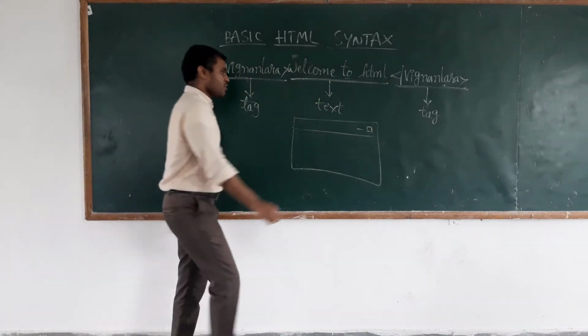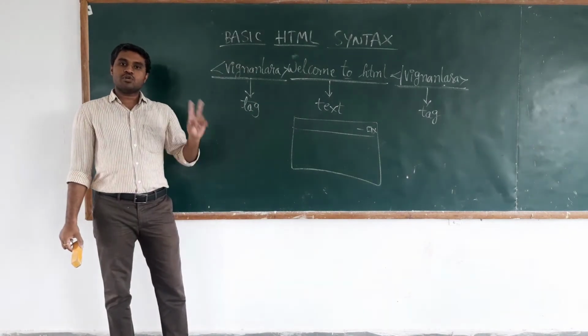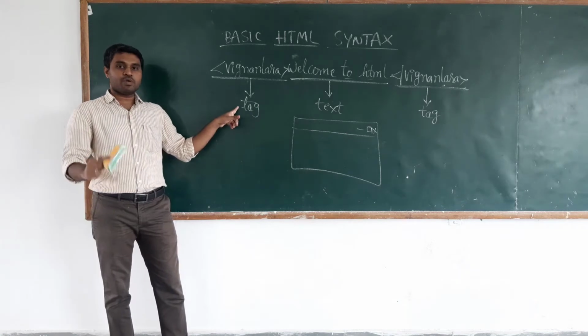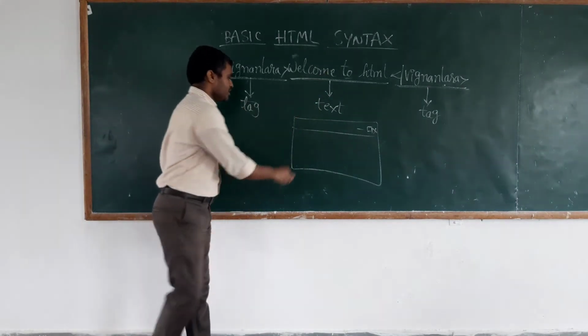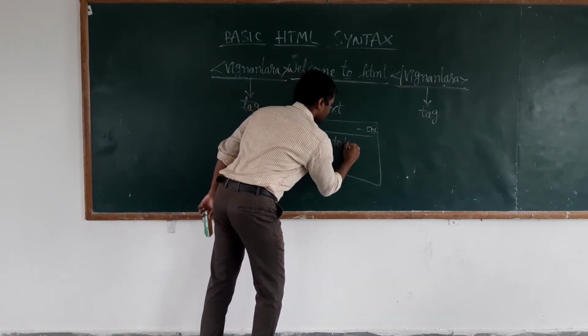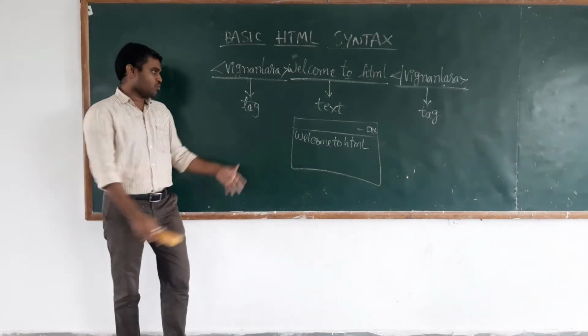As already discussed, a web browser knows only two things, whether it is a tag or a text. If it is a tag, it will be processed. If it is a text, that text will be displayed on your output screen. Since "welcome to HTML" is the only text in your program, it will be displayed as your output. We'll see one more example.